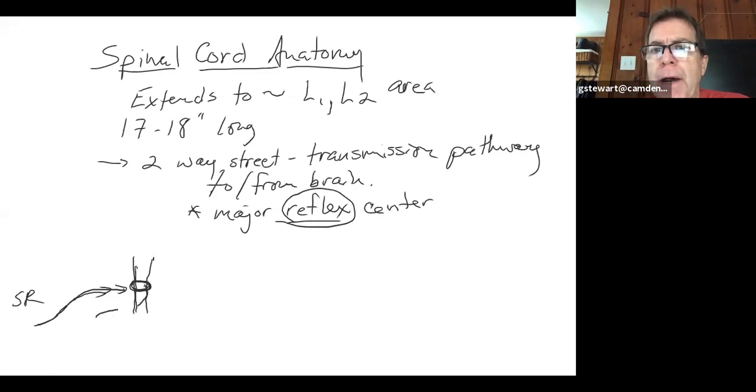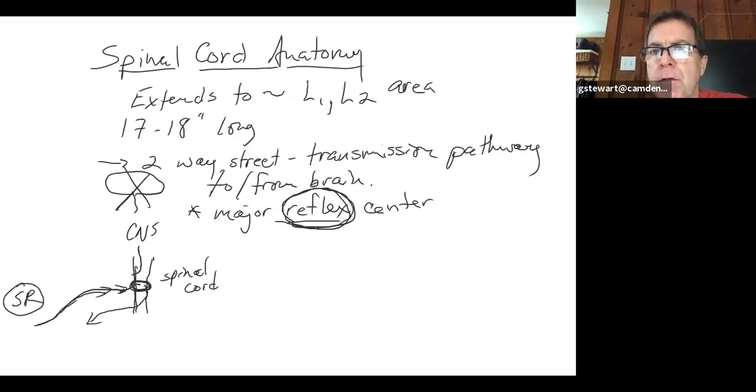By neurological definition, a reflex is a neural pathway from sensory receptor to central nervous system, in this case only the spinal cord. The signal doesn't have to go all the way up to the brain to be processed. It only needs to go to the spinal cord, and then a command is immediately sent out, in this case to skeletal muscles that make your lower leg jerk up.